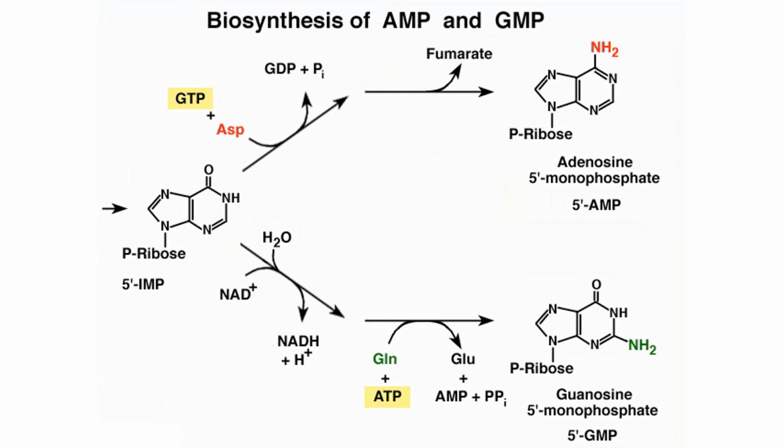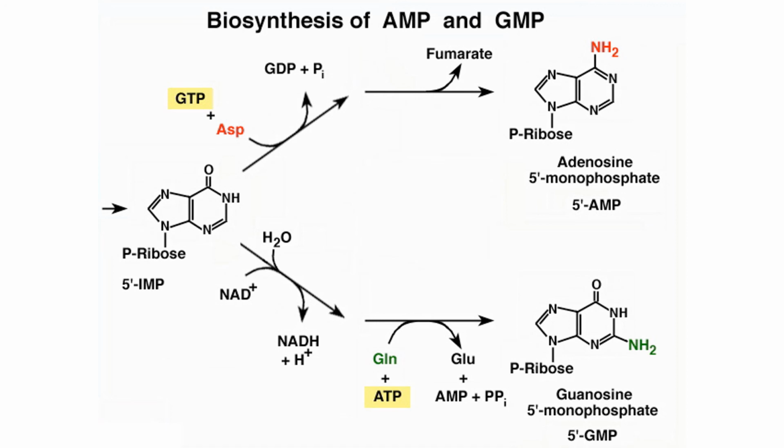The amino group from the amide nitrogen of glutamine will replace that, and again, that product is not shown here, will replace that carbonyl oxygen atom to give 5' GMP. This reaction needs a high energy molecule. In this case, the reaction utilizes the hydrolysis of ATP to AMP and 2 inorganic phosphates.